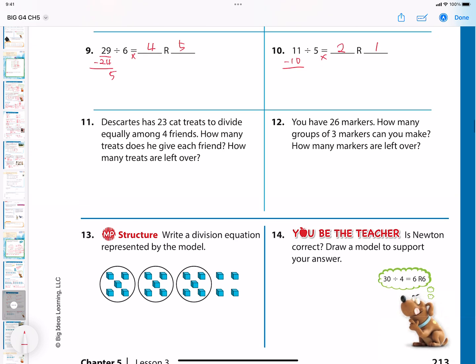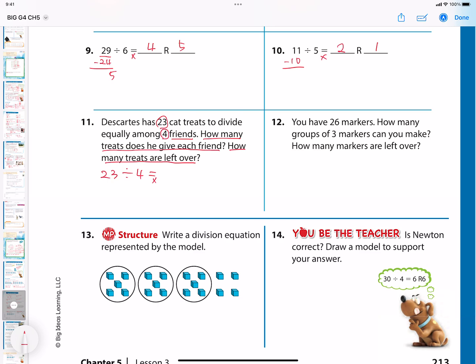All right. The cat has 23 cat treats to divide equally among 4 friends. How many treats does he give each friend? And then, how many treats are left over? Okay, let's find out. You are dividing this 23 among 4 friends, right?